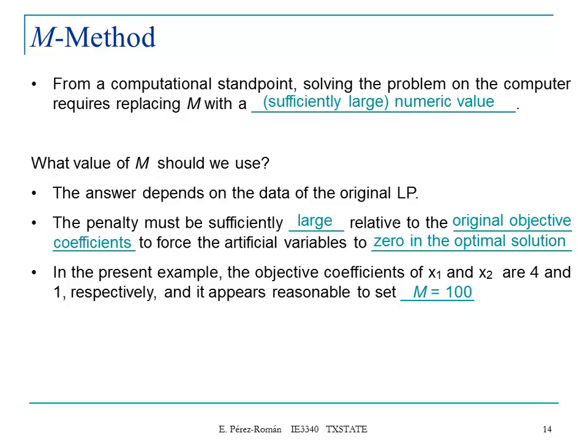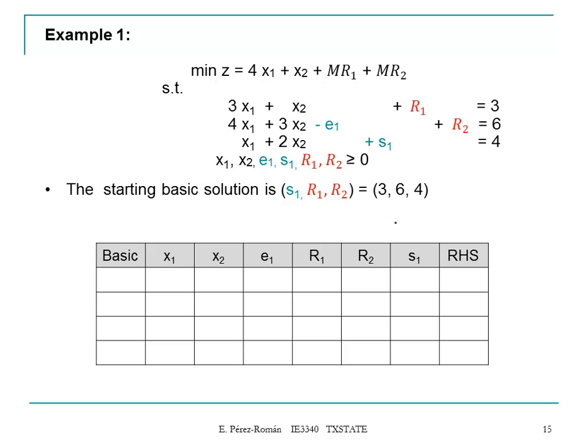Okay. So knowing that, we can go back to the problem and let's fill this table. So now we have a new set of variables, those artificial R1 and R2. We'll still have our slack, so we can construct an initial basic solution from this problem.